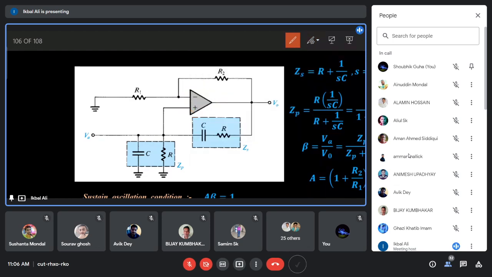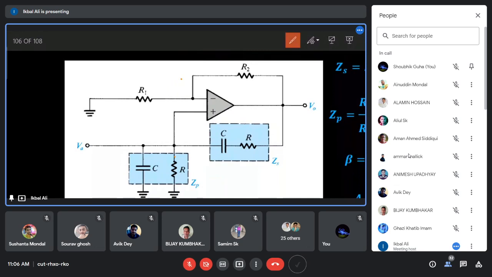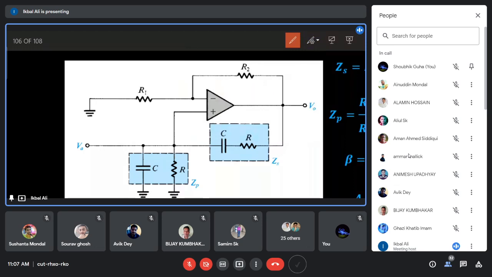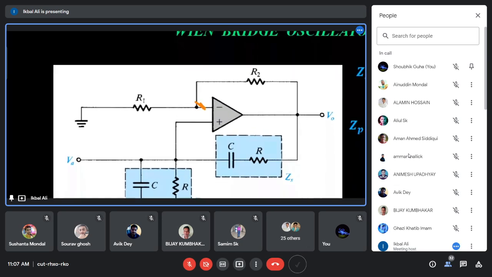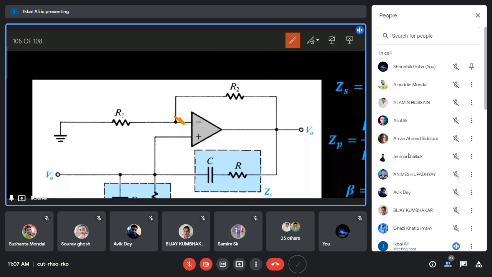Now you see that this is the inverting input terminal, and this is the non-inverting input terminal of the op amp.